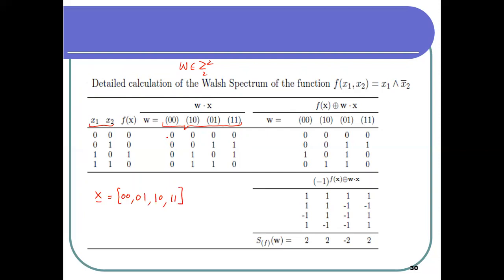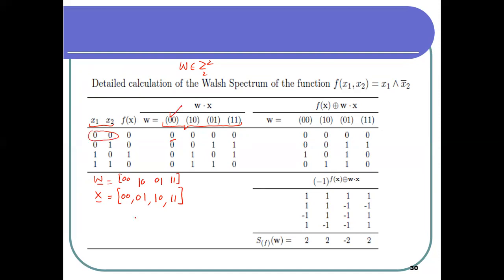This is the dot product. I take the W vector, that is 0, 0, then 1, 0, then 0, 1, and then 1, 1. How do we calculate this? I have to take the dot product of this element with this one.